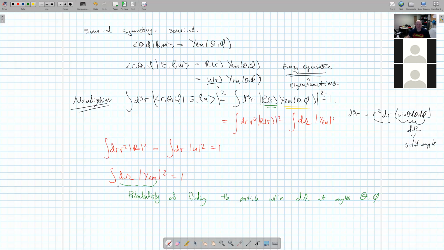So that's one really nice thing about this. Our normalization condition just says that we can normalize each one of these pieces independently, since each one is simply equal to 1.